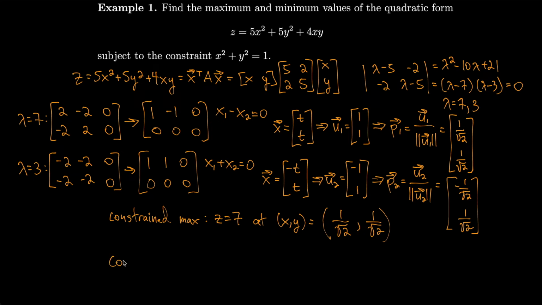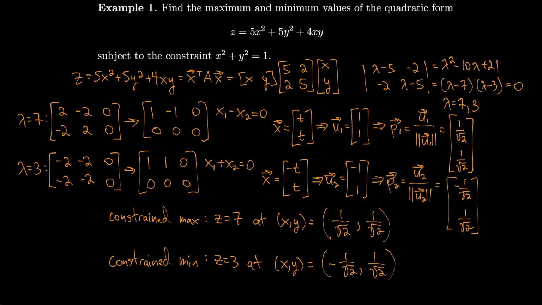And because that was our biggest eigenvalue, now our constrained minimum will be at the smallest eigenvalue. The minimum is z equals 3, and it will be at the eigenvector given by minus 1 over square root of 2, 1 over square root of 2.